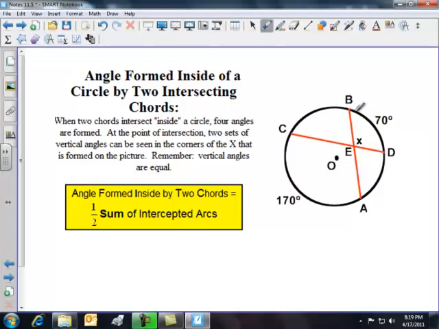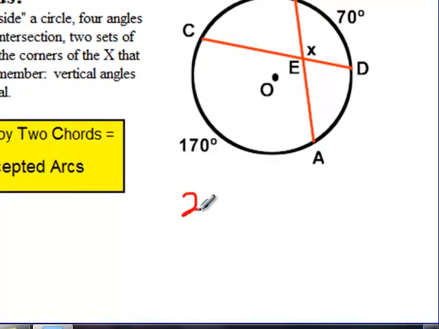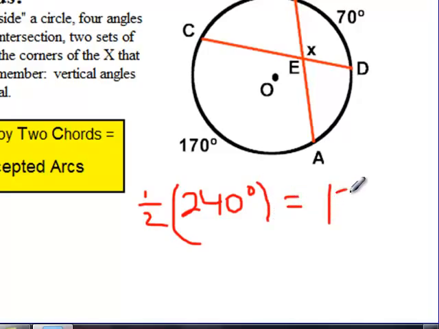So we can add the 70 to the 170, and that will give us 240. The measure of angle X, or what we would call BED, is actually equal to half of that. So the measure of that angle in this particular case would be 120 degrees.